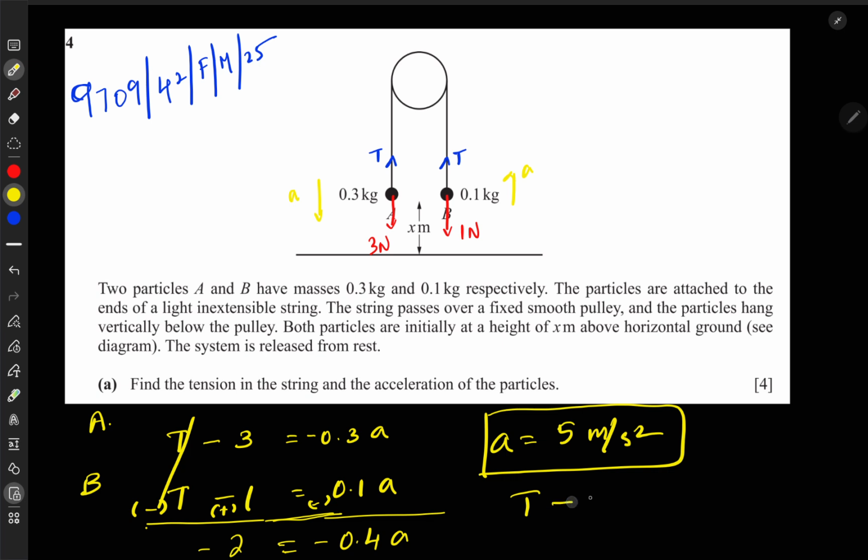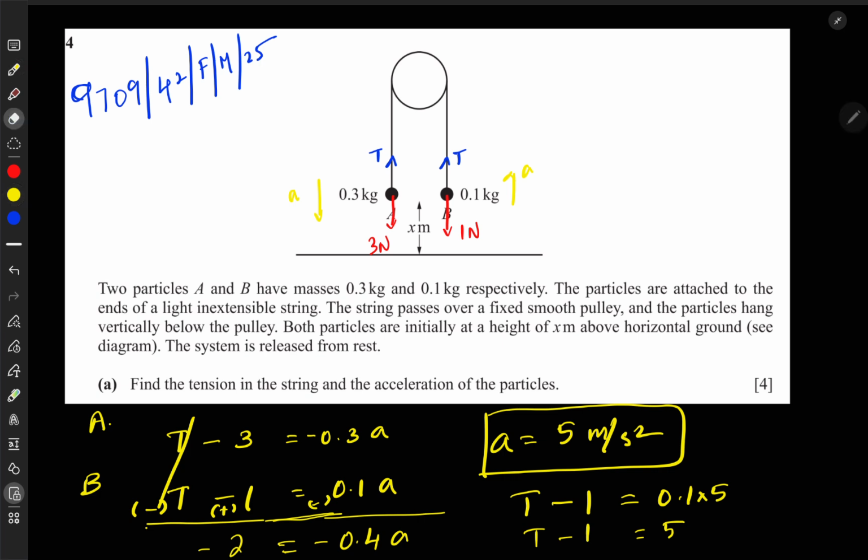T minus 1 is equal to 0.1 times a, where a is 5. I made a mistake, I'm sorry for that.